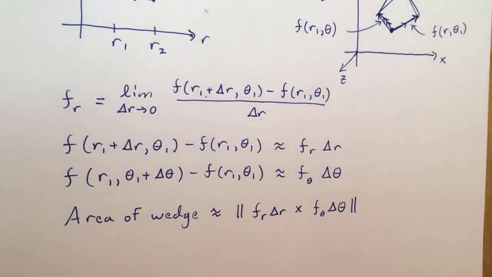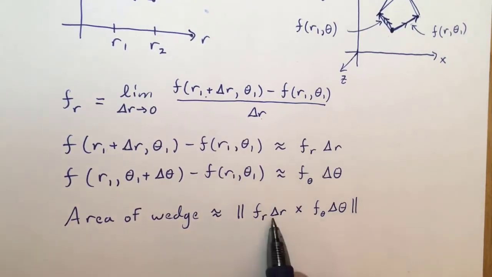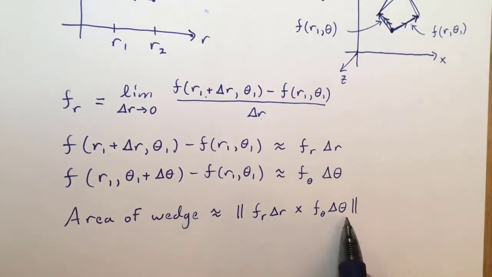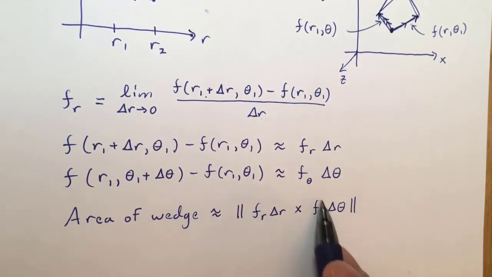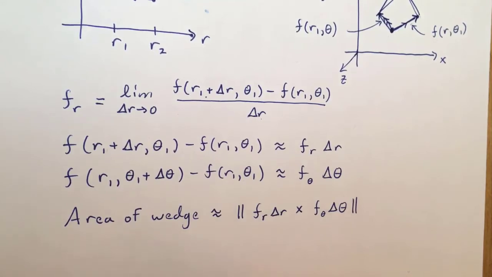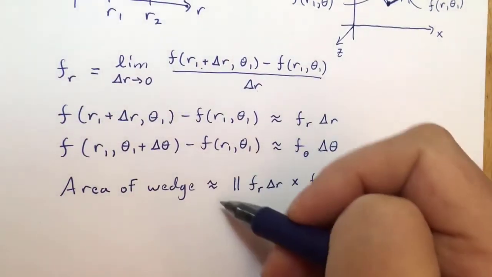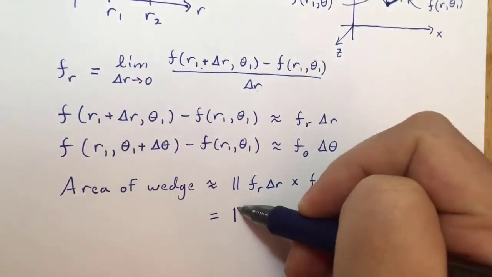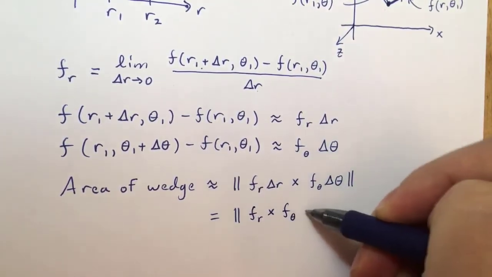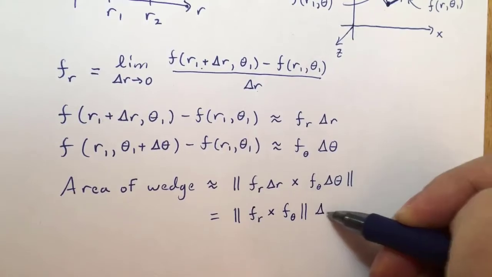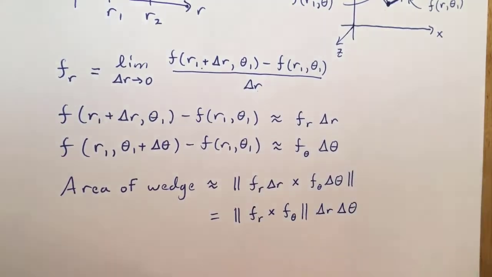And then take the magnitude. All right. Well, delta r and delta theta are just numbers, so you can pull these out. The f_r and f_theta are vectors. So what I can say here is this is f_r cross f_theta, times delta r delta theta.